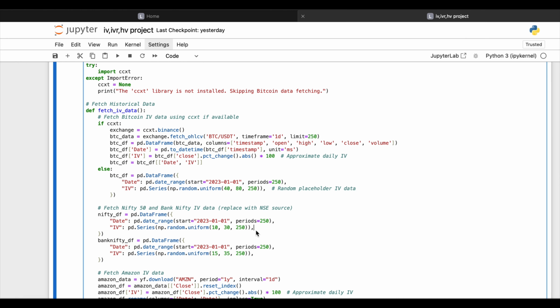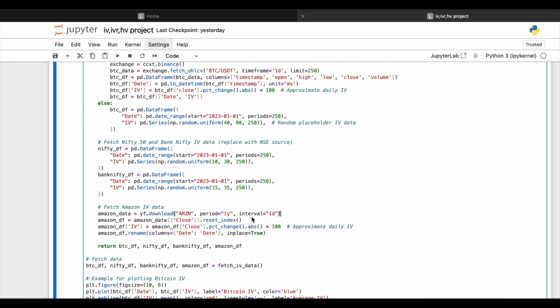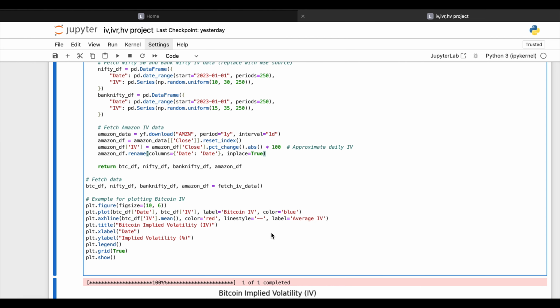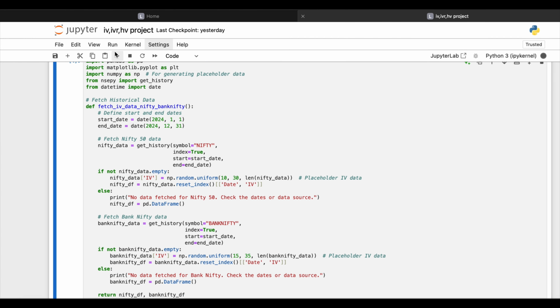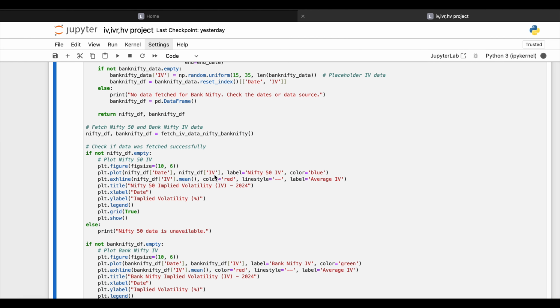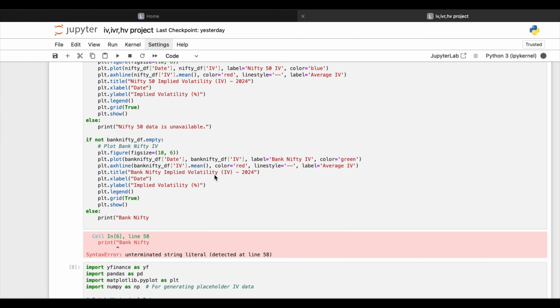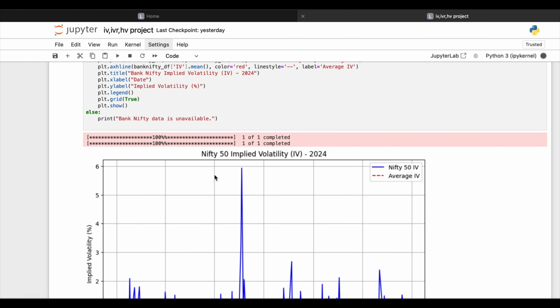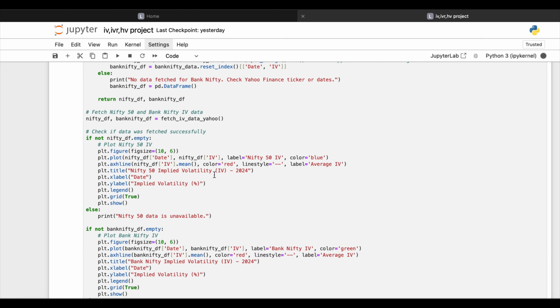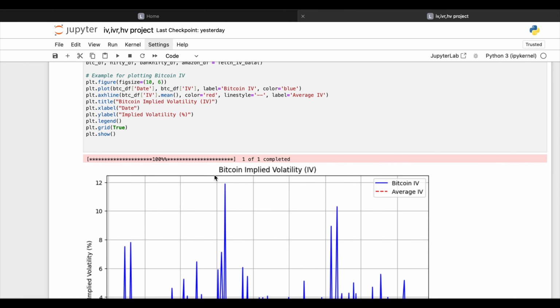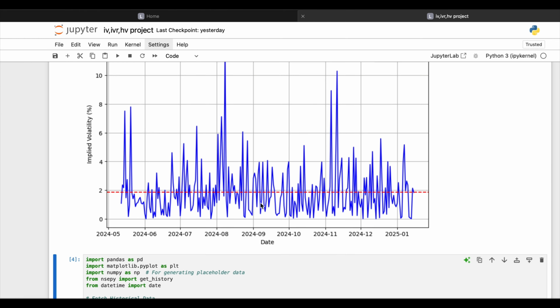If you have the code and you have a doubt, you can message. Correct. Fetch the data, just run it. I got the Bitcoin, correct?